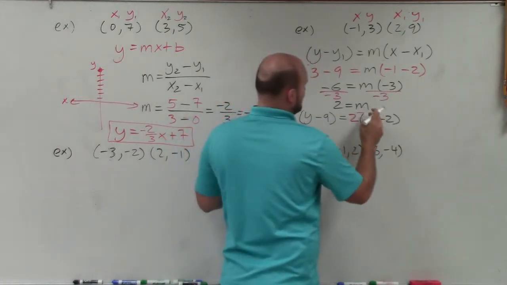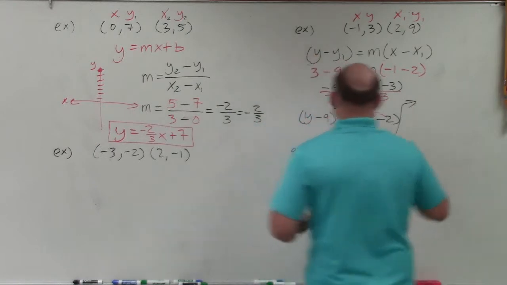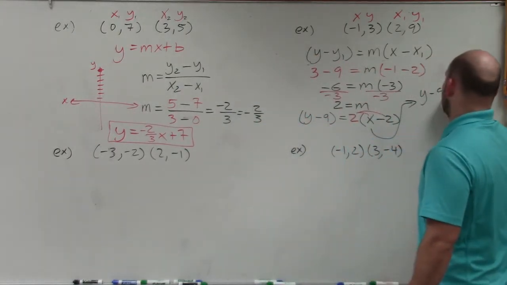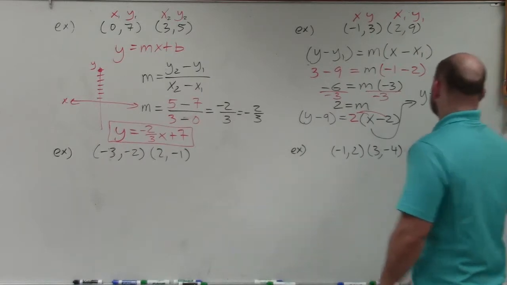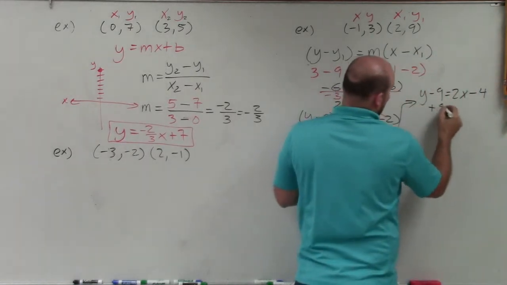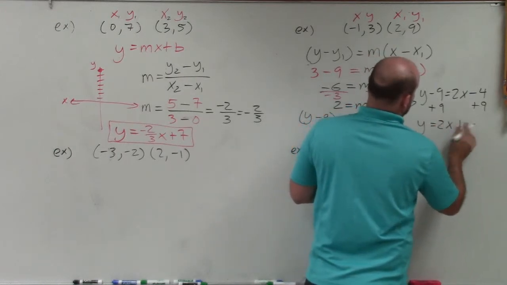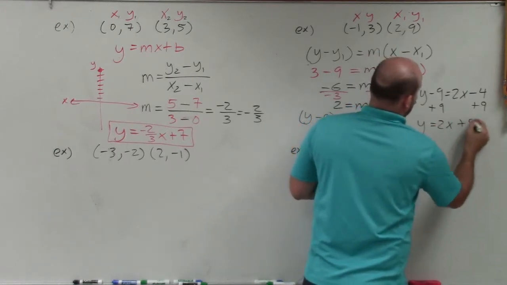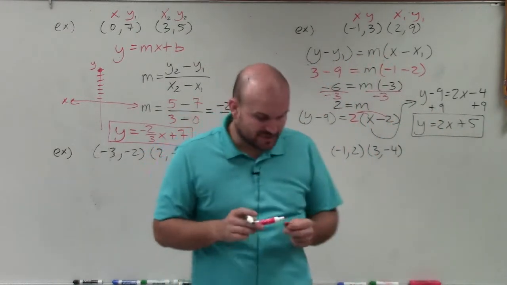Then I apply the distributive property, and what I obtain is y minus 9 is equal to 2x minus 4. Then to solve for y, I add 9 to both sides, and I obtain y equals 2x plus 5. Okay? So this would be the case of using point-slope form.